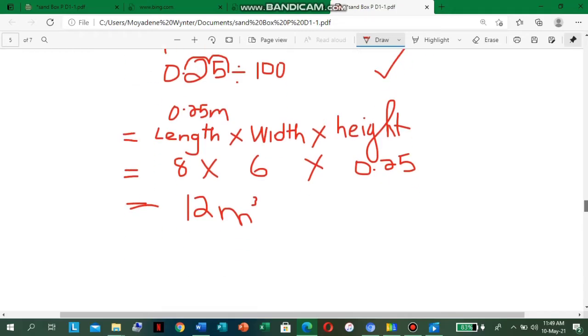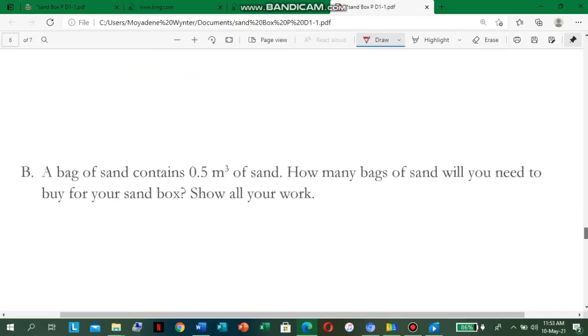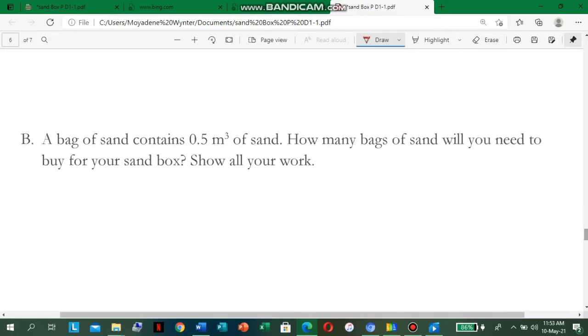We know that 12 cubic meters of sand is needed. So therefore, we have to find how many bags of sand you will need to buy for your sandbox.